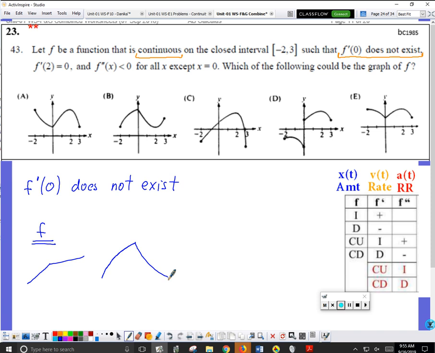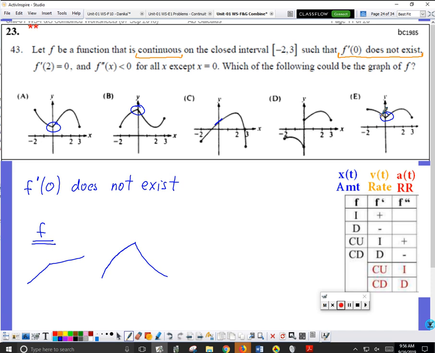So would that represent A or B of the question? Very good. Right here, x equals 0, corner, that means on this graph there is no tangent slope at that spot. This one has a tangent slope. This one does not have a tangent slope. So can we cross out C?